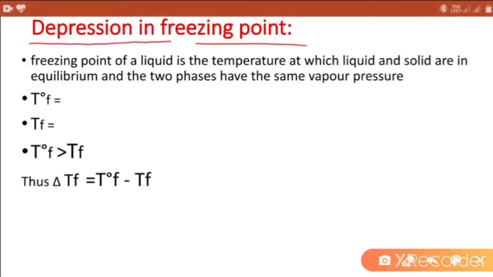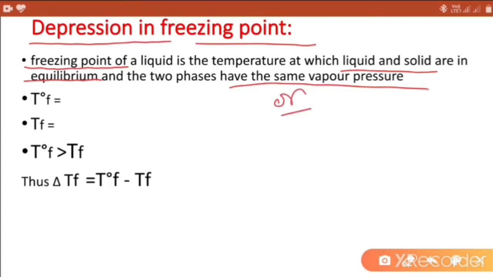Depression in freezing point. First of all, we have to see what is the definition of freezing point. Freezing point: it is the temperature at which liquid and solid are in equilibrium and two phases have the same vapor pressure.